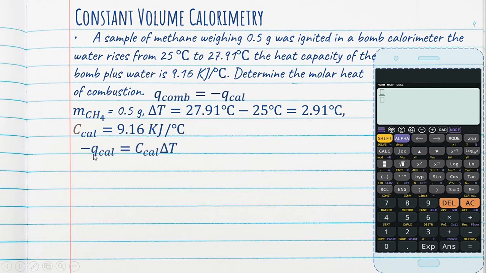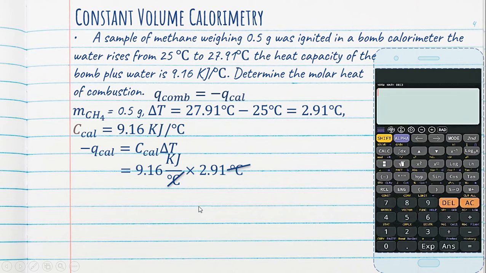So negative heat cal is equal to heat capacity multiplied by the change in temperature. We will put in the values and cancel the degrees Celsius. Calculate it in the scientific calculator.